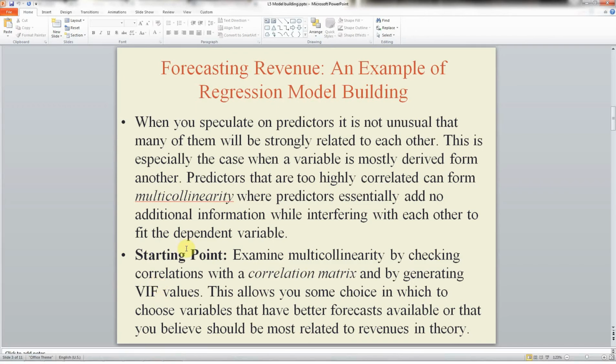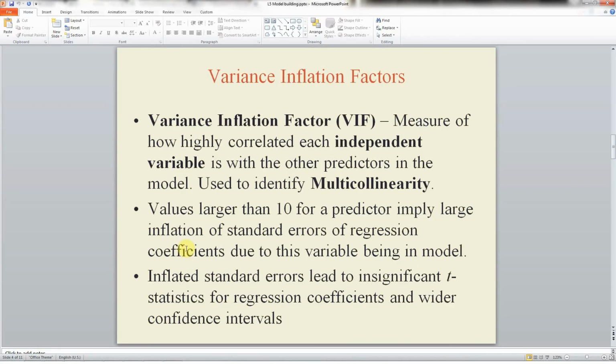Okay, so what we want to do is start looking at the variance inflation factors. Again, it's a measure of how highly correlated each independent variable is with the other predictors in the model. When Megastat calculates the VIF, it actually doesn't look at the dependent variable, which is revenues, at all.